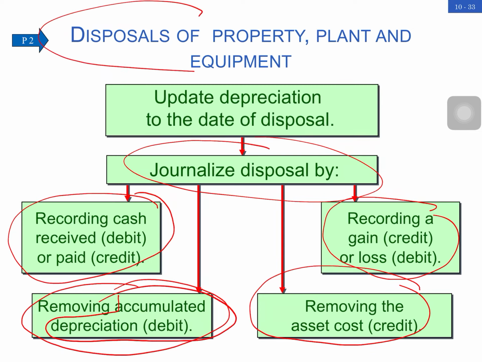But when you dispose a PPE, you have to record accumulated depreciation on debit, and then the asset will be on credit, because you want to remove. If you want to remove an asset, you have to remove the asset and then the accumulated depreciation.